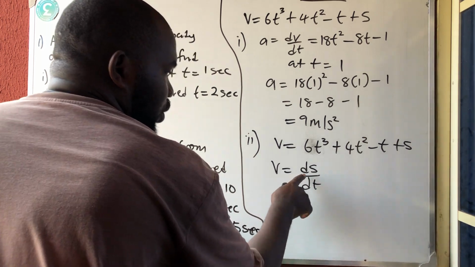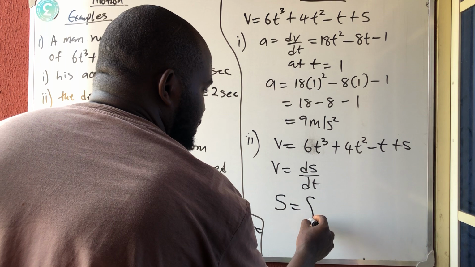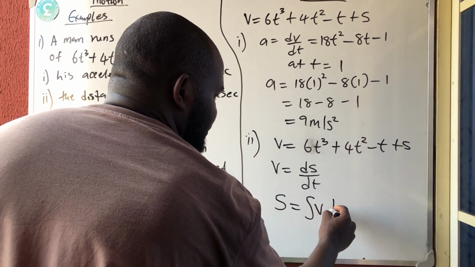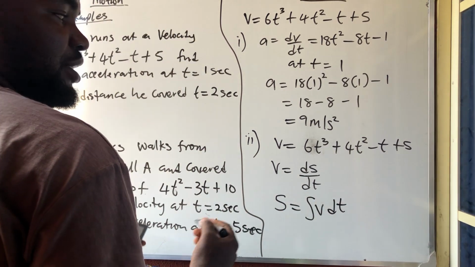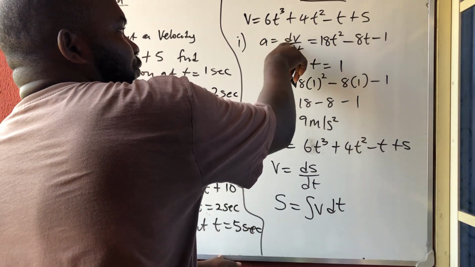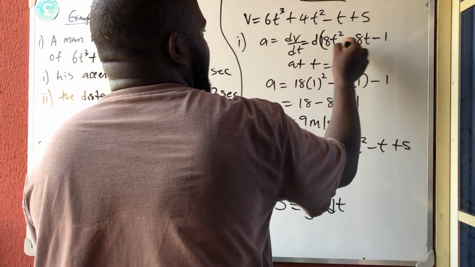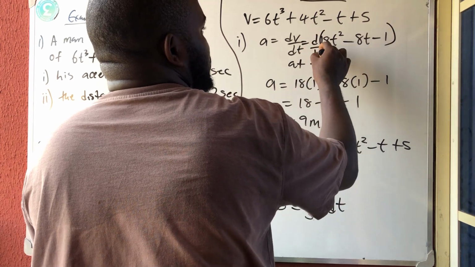Differentiation going to the other side becomes integration, which means I need to integrate v with respect to t. So we are integrating now. Note what I'm doing. For acceleration, we simply differentiate v with respect to t.